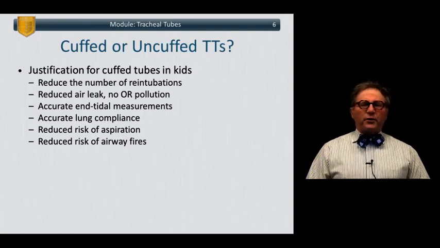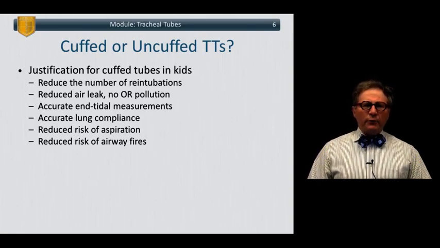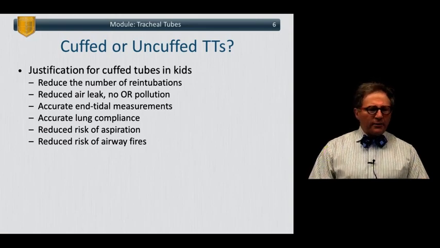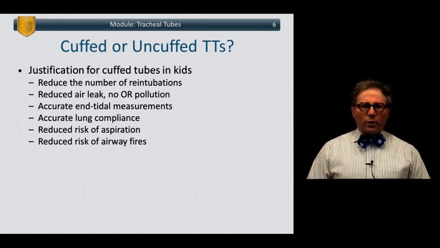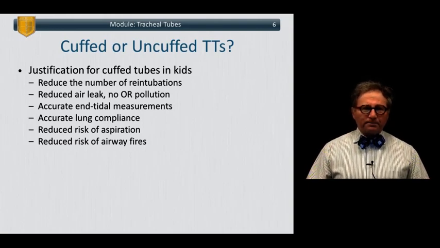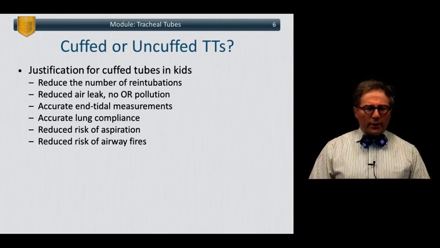Of late, there has been great interest in replacing uncuffed tubes with cuffed tubes. And there are several reasons that have been put forth to justify this change in practice. Reduced number of reintubations, because there's either too large a leak or the tube won't pass the cricoid ring.